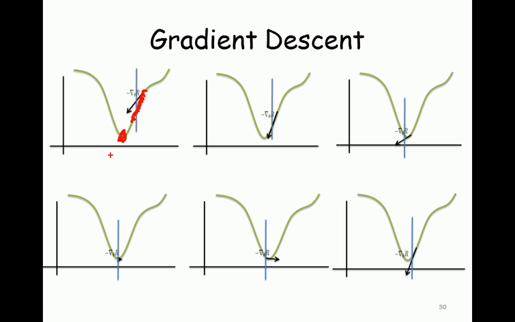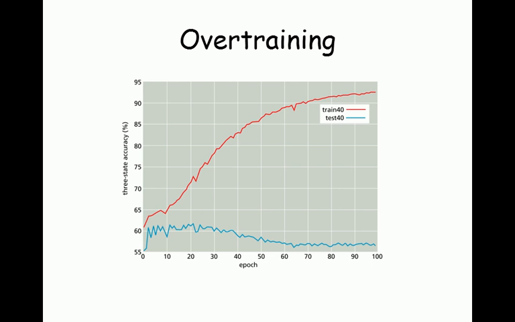So learning rate is an important parameter that needs to be specified, and it should help you get to the place that you want in a reasonable time without making very, very high jumps. Okay. All right.